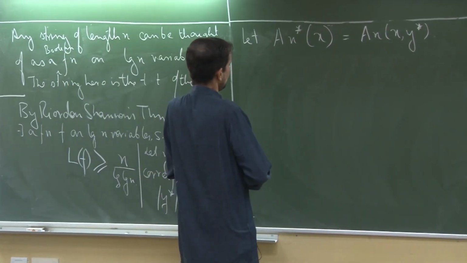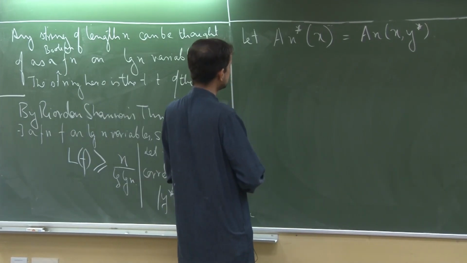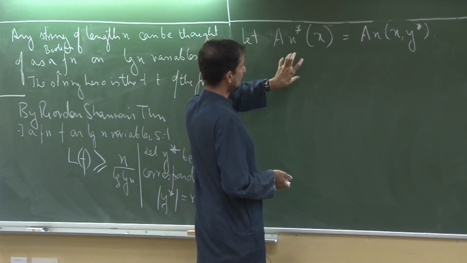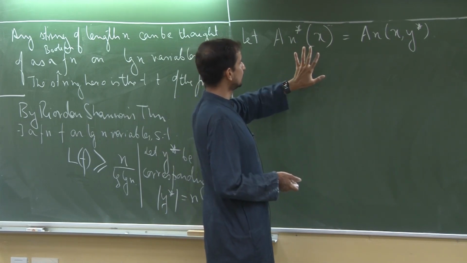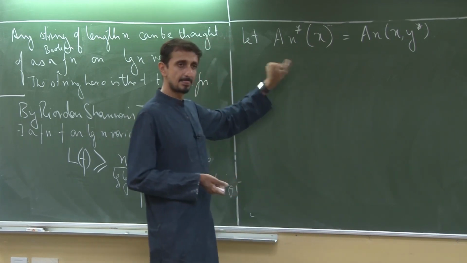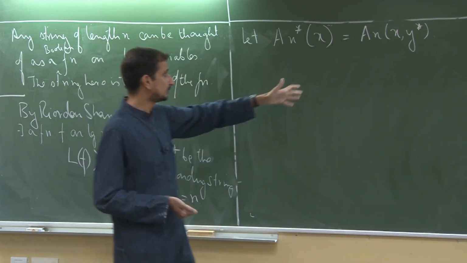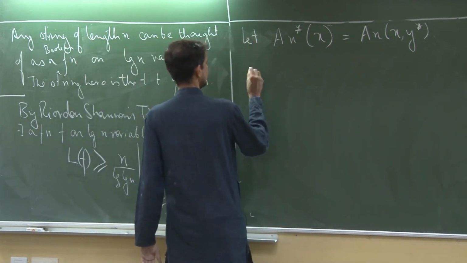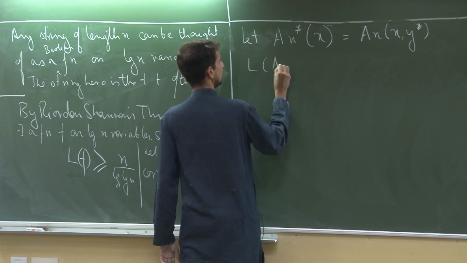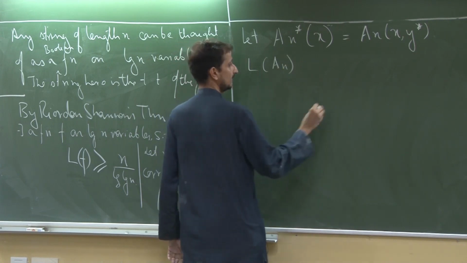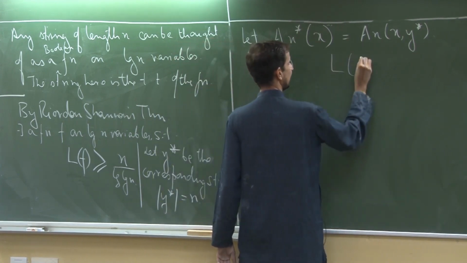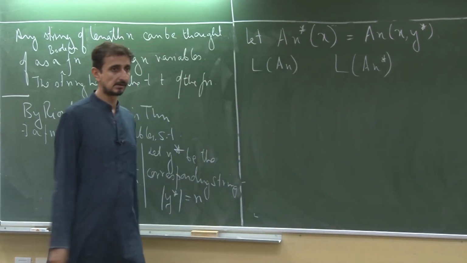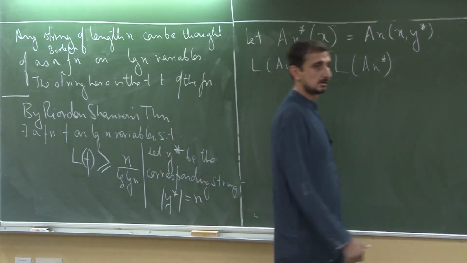Now, what can I say about the formula complexity of a n star, or what can I say about the formula complexity of a n? So, L of a n, and if I look at L of a n star, how do these two compare?